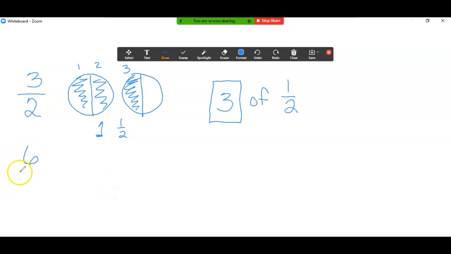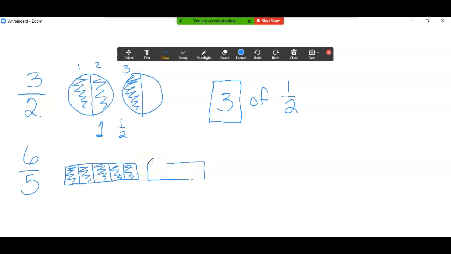All right, now I have 6/5. Fifths are a little hard. I usually just do a rectangle for fifths, and then I draw 4 columns. So that's going to give me 1, 2, 3, 4, 5, but I need 6, so I need another picture. 1, 2, 3, 4, and color in 1.